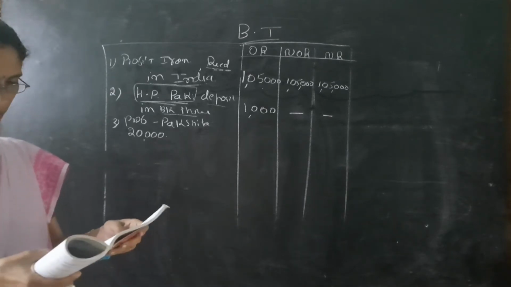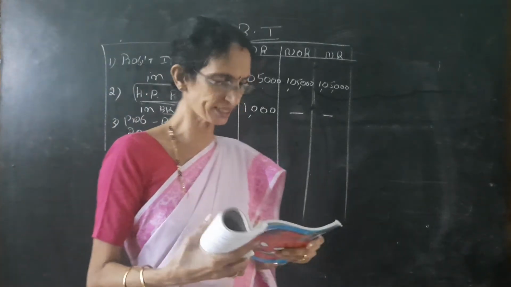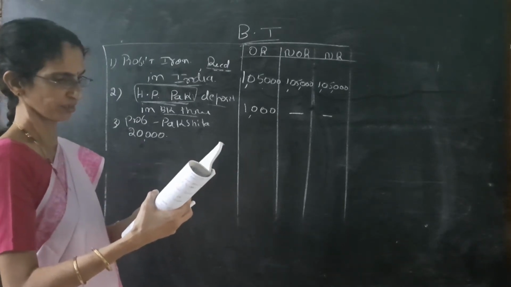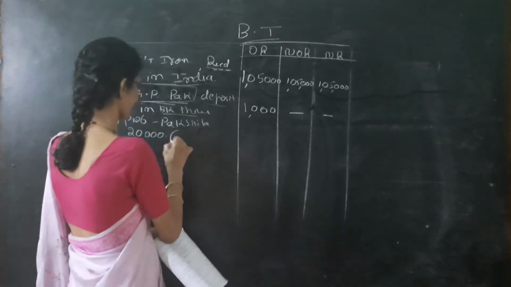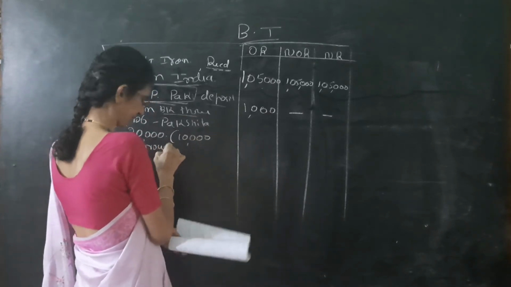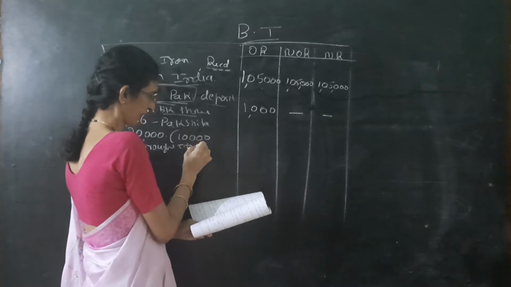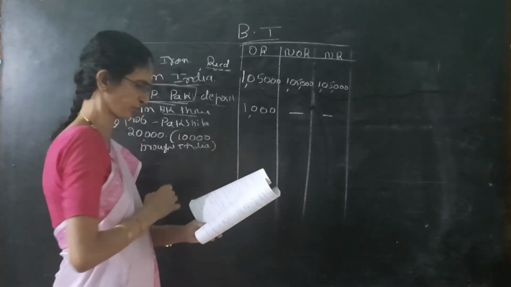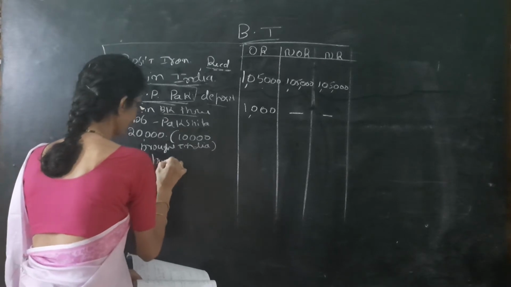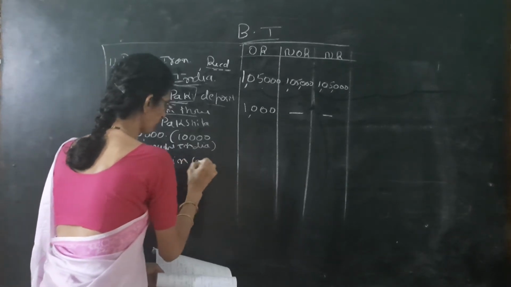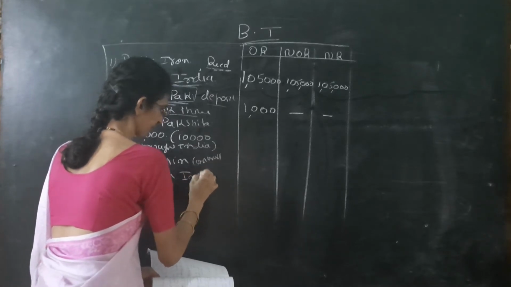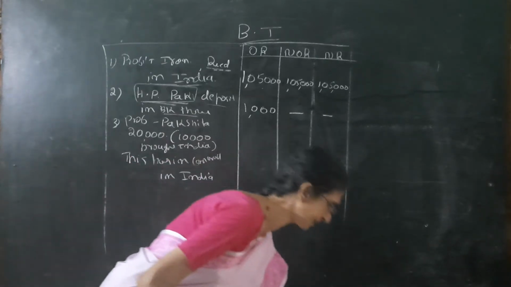Within brackets it is given: out of this 20,000, 10,000 is brought into India. Then the bracket is closed. Then it is given that this business is controlled in India. So this is a very important adjustment.